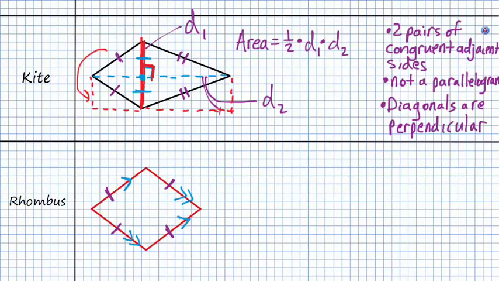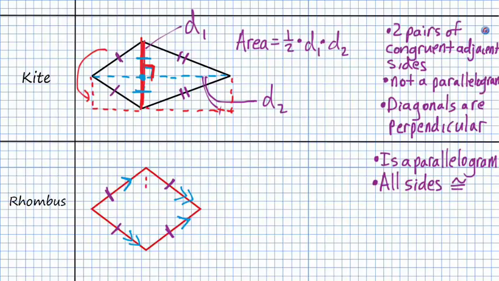So we know that a rhombus is a parallelogram, all sides are congruent, and then we know something about the diagonals as well.